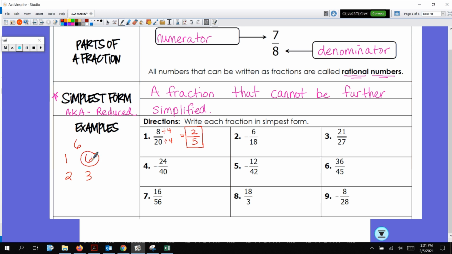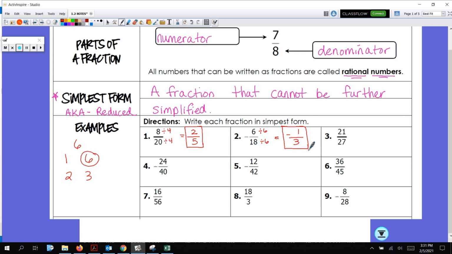So 6 is my GCF. So I'm going to go ahead and divide top and bottom by 6. It doesn't change the fact that it's a negative, so the answer is still going to be negative. 6 divided by 6 is 1. 18 divided by 6 is 3. So its reduced form or simplest form is negative 1/3.